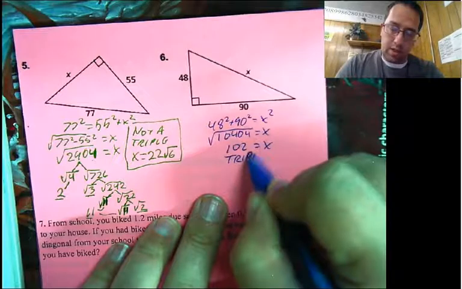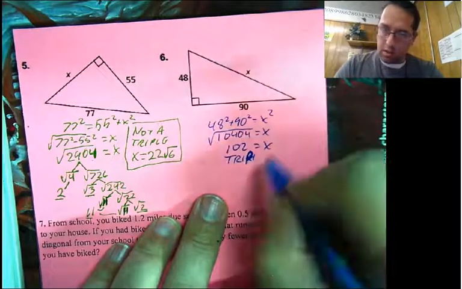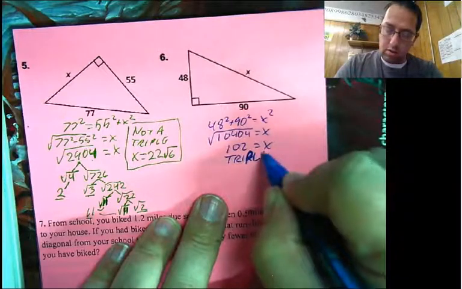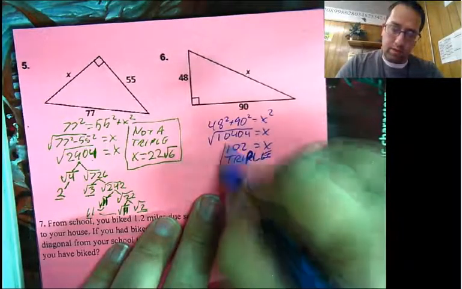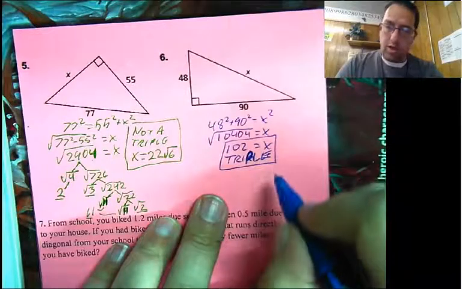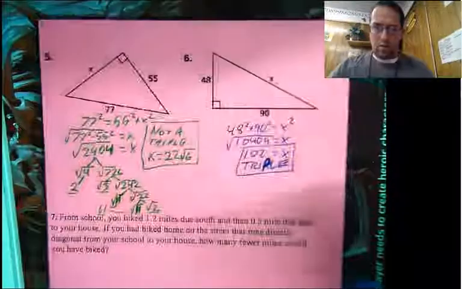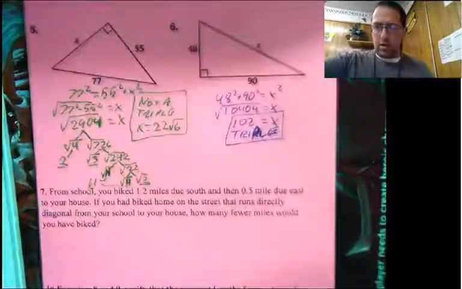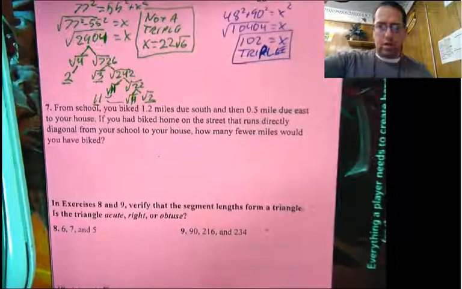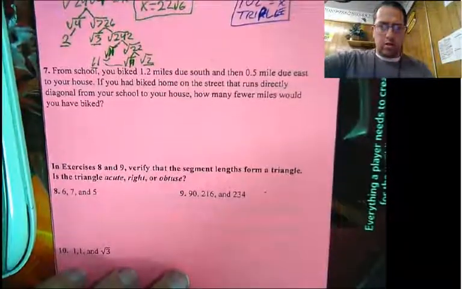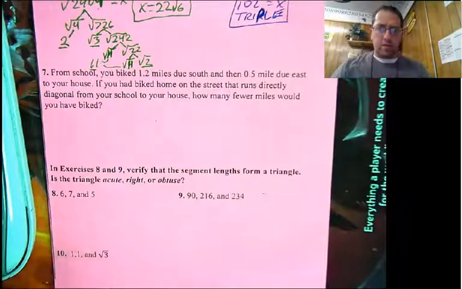That is a Pythagorean triple. My fingers are not working today. All right, this is a triple. So, hopefully you got those right. Not too bad. Let's take a look at number 7.